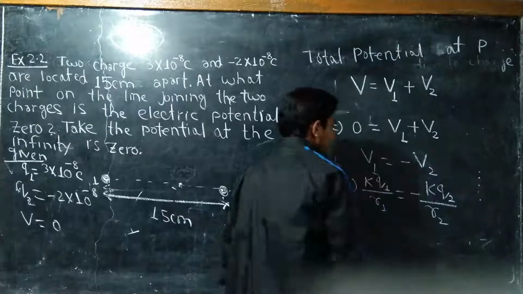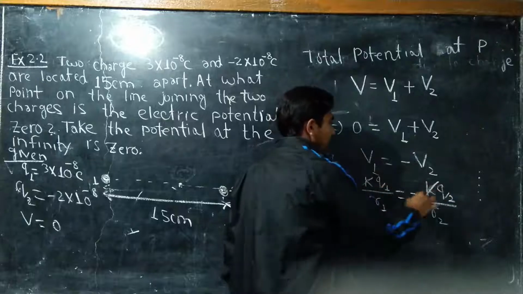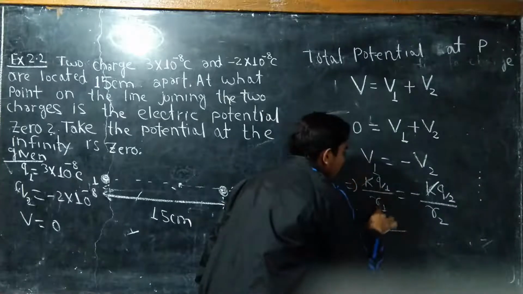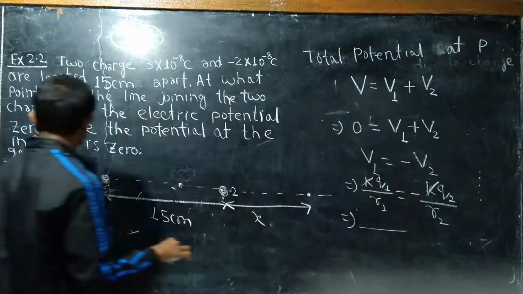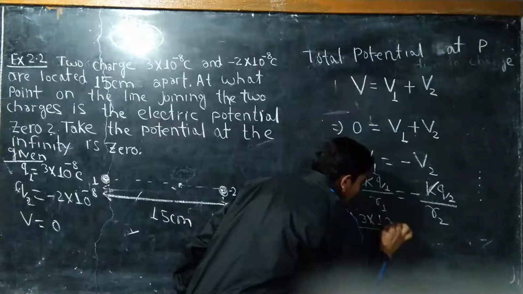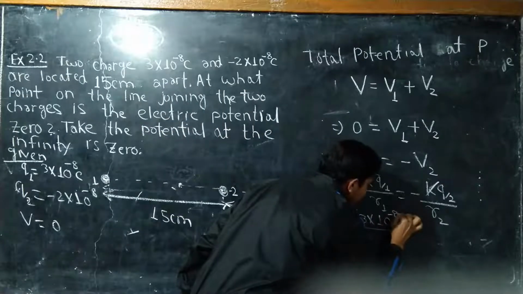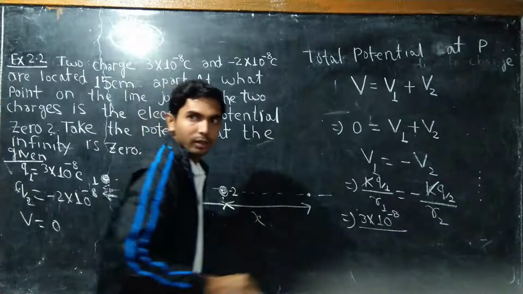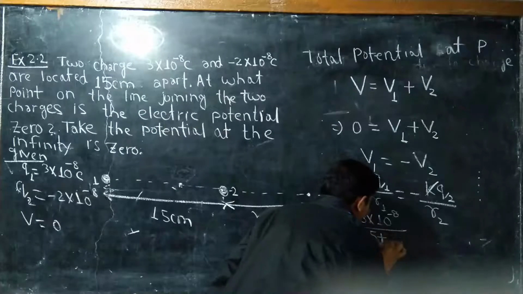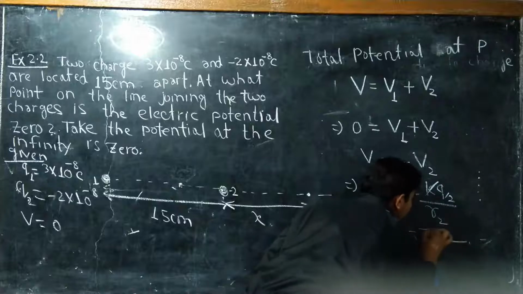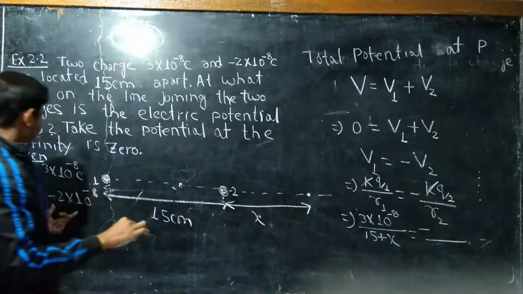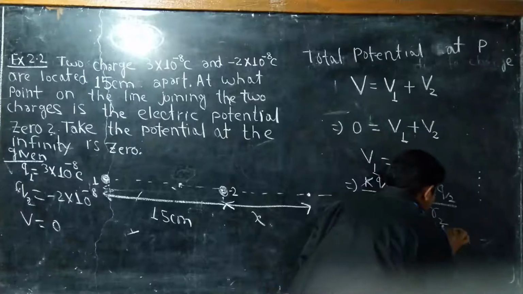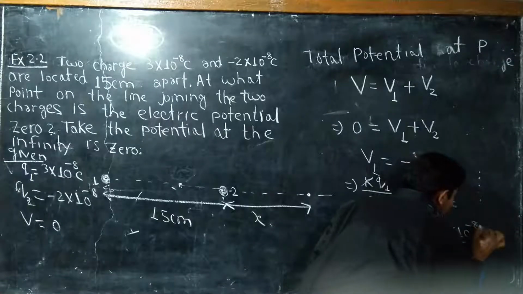Now here you can see K cancels. So Q1 by R1, Q1 is 3 into 10 to the power minus 8. R1 is this length plus this length, so 15 plus X. And Q2 is minus 2 into 10 to the power minus 8.